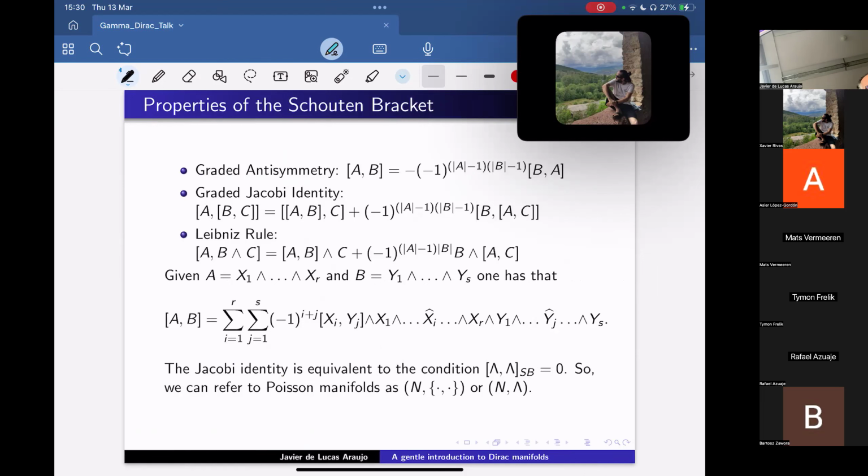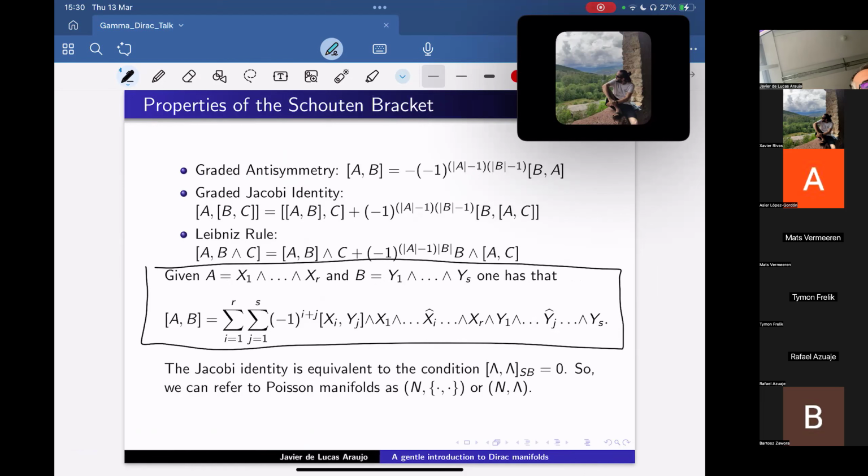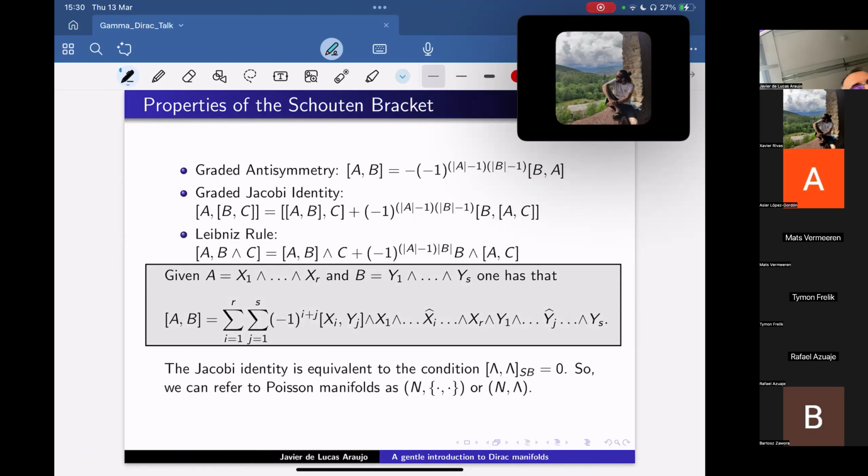One of the ways to define it is by means of this definition. You see, A is an R-vector field, B is an S-vector field, and you can define the bracket. Now you have this expression.